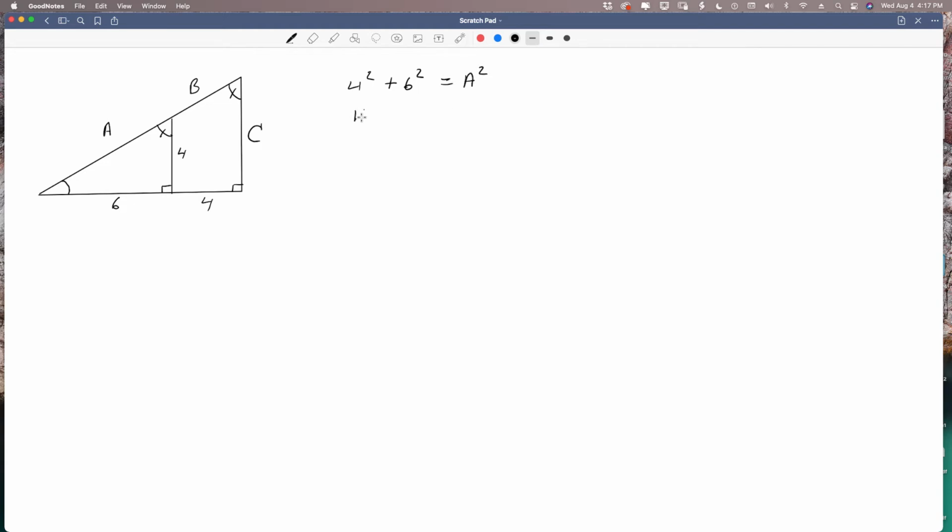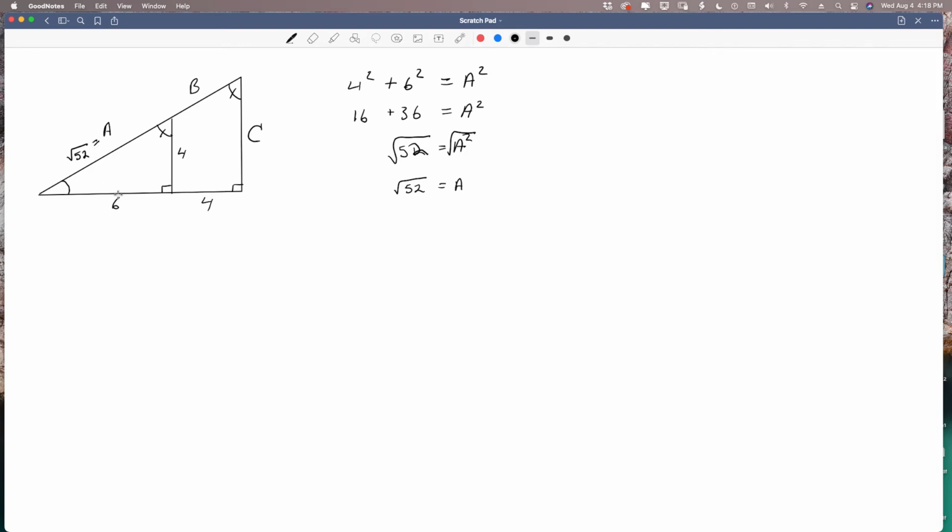So this is 16 plus 36 is equal to A squared. All right, 16 plus 36 is 52 is equal to A squared. So that means when we get the square root of both of these, the square root of 52 is equal to A. So A is the square root of 52.